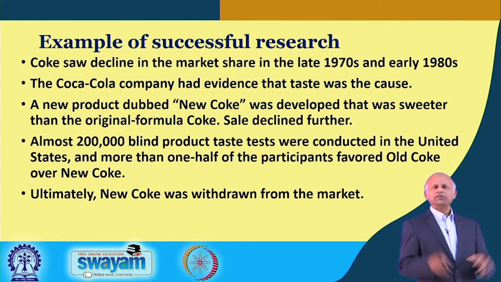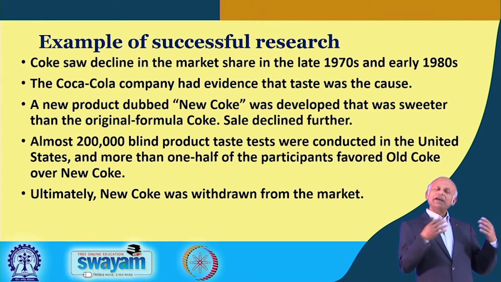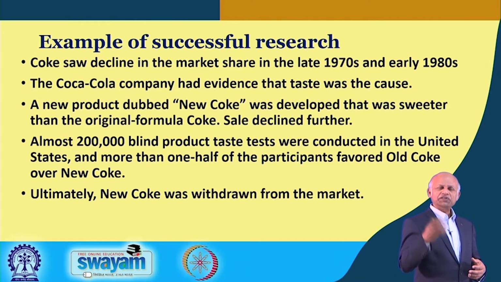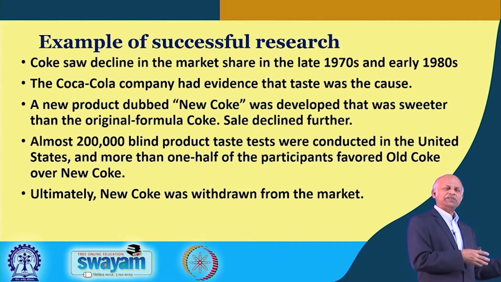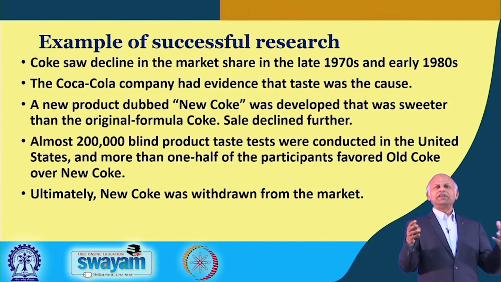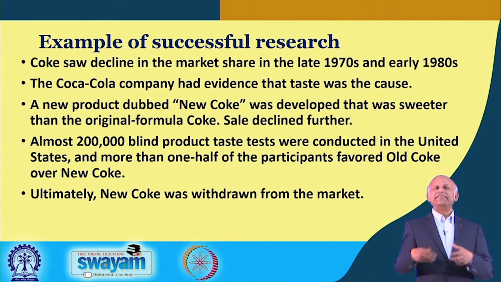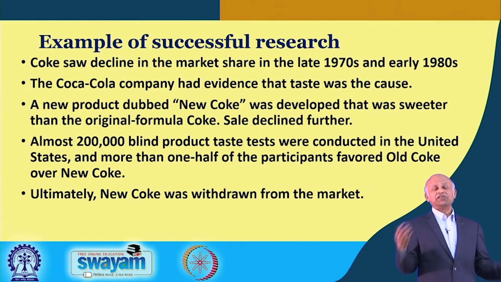So, they thought what is wrong, because the new Coke had a hypothesis that people are consuming beverages because of the taste, not really because of their emotional attachment or something, and they found that the other drink is sweeter. So, they added more sweetness to their drink. They thought that customers are going to like it because it is tastier.